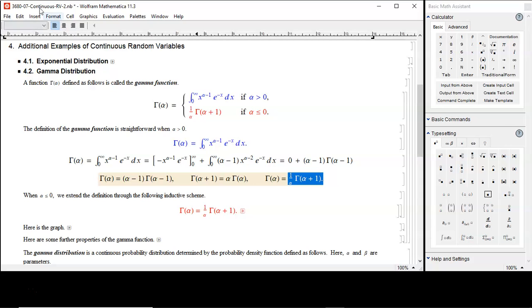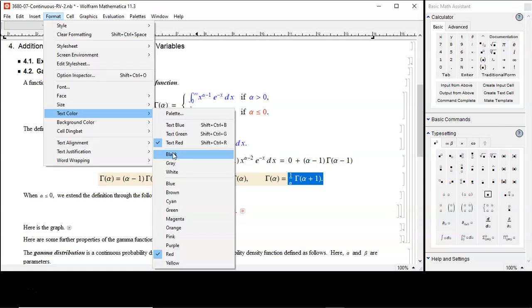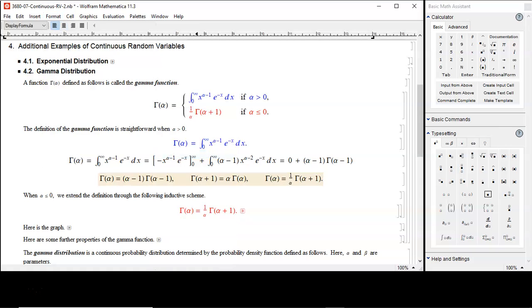Let's go back to normal font. So this recursion holds for the first line as well. So you can regard the second line as an extension of the first line using this property.